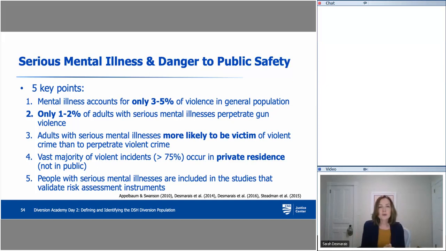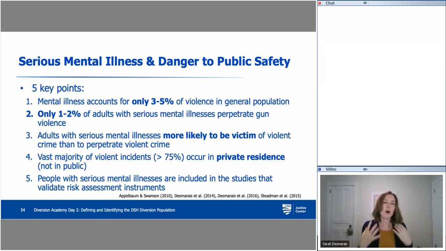And then the fourth point there is that even when they are engaging in violent incidents, and this is from work that we did with a nationally representative sample of people with psychotic conditions who were engaging in community violence, if and when they did engage in community violence, the vast majority of it was not in the public domain, but occurring more in private residences, and not just out on the streets being a danger to everyone around them.